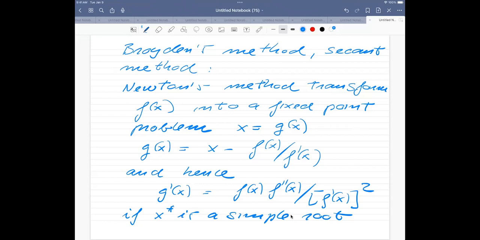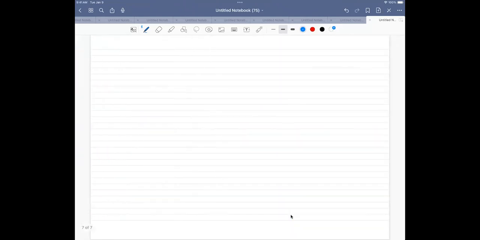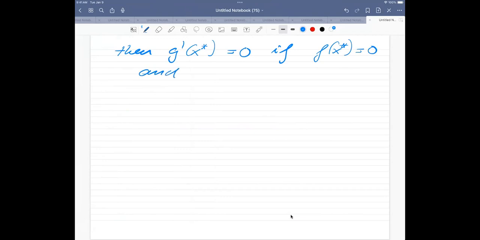So if x star is a simple root, then g prime of x star is equal to 0 if f of x star is equal to 0 and the first derivative of f, as you can see from the equation we had on the previous slide, is not equal to 0. If that is the case, then we say that we have a quadratic convergence rate.